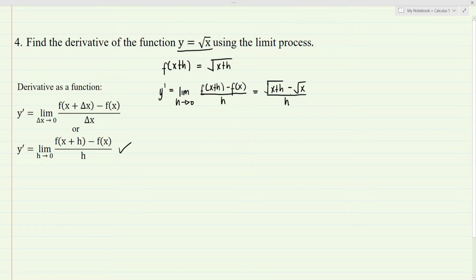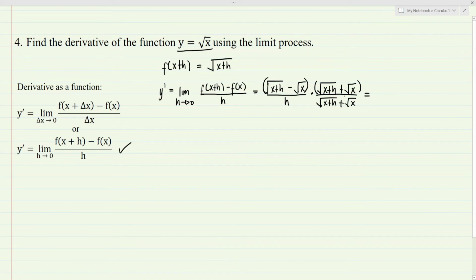To simplify this one, we would need to multiply both the numerator and denominator to the conjugate of the numerator in order for us to remove the radicals. Okay, so I'll multiply this function here by square root of x plus h plus square root of x all over square root of x plus h plus square root of x. Simplifying, in the numerator, I have here difference of squares.